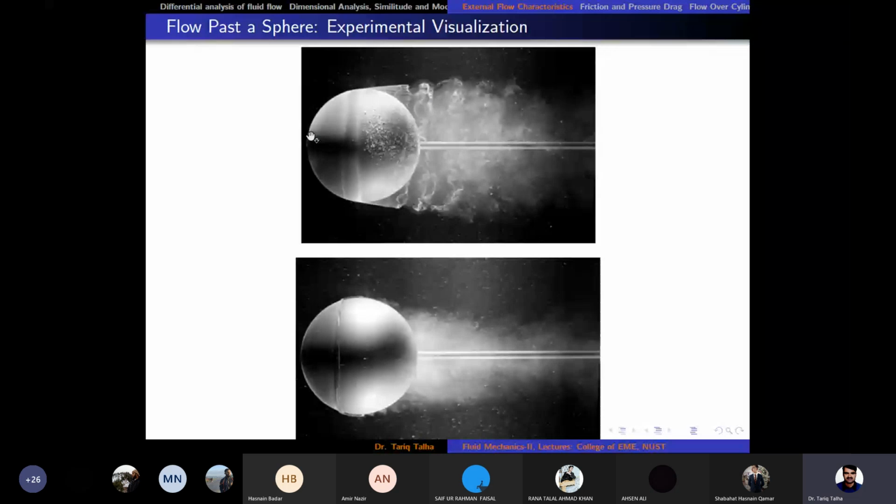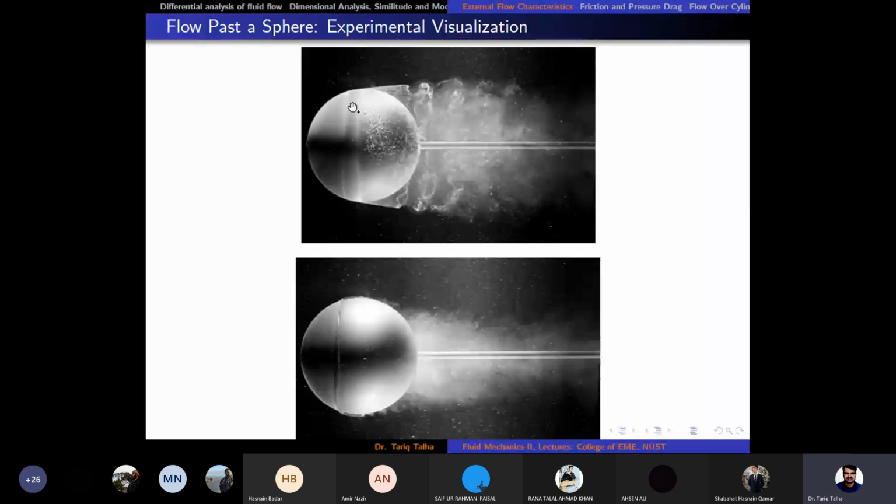What is the reason for that? Maybe I would discuss in detail in the next lecture. But just to give you a hint, that depends upon the boundary layer separation point. In case of laminar flow, we would have boundary layer separation occurring at this point, right? Somewhere here. And if we measure theta from here anti-clockwise, at theta equal to 80 degrees, there would be a flow separation.